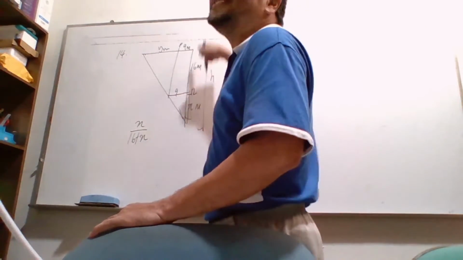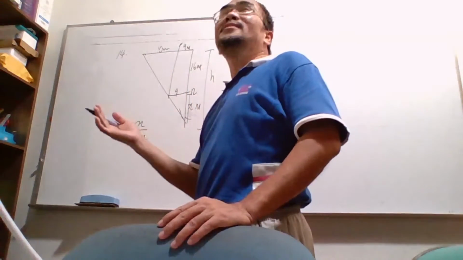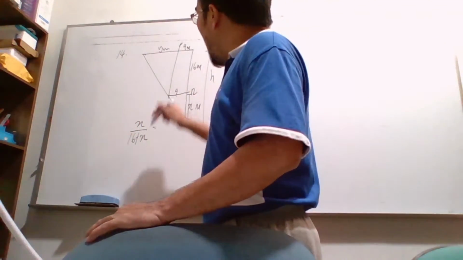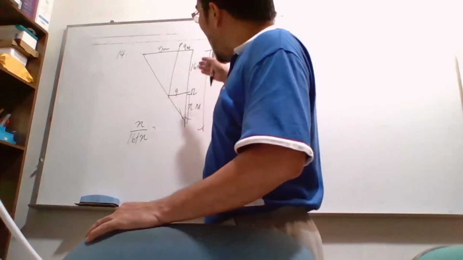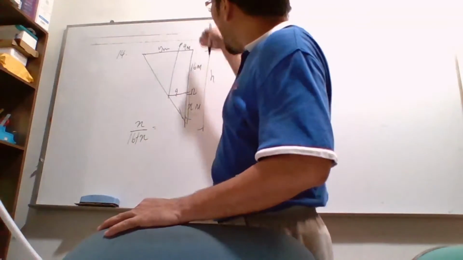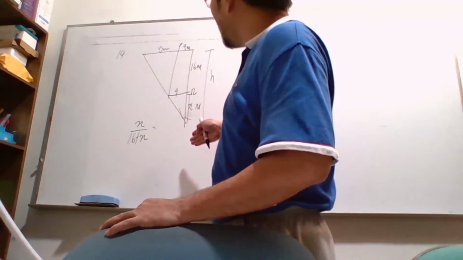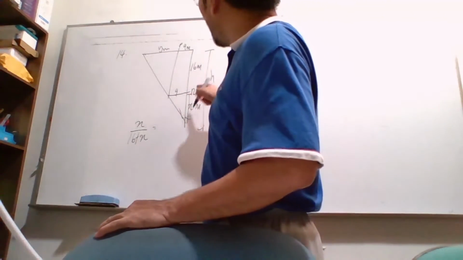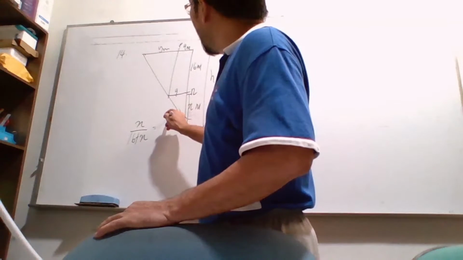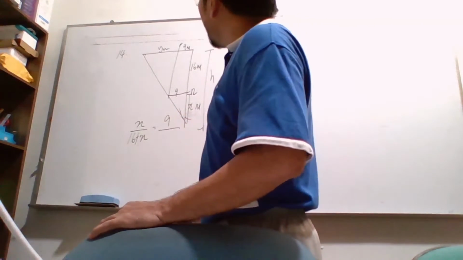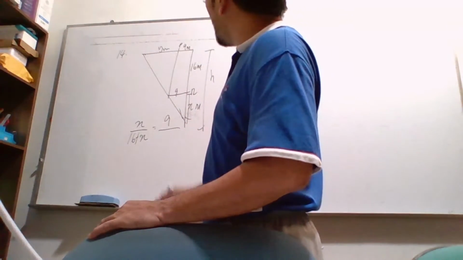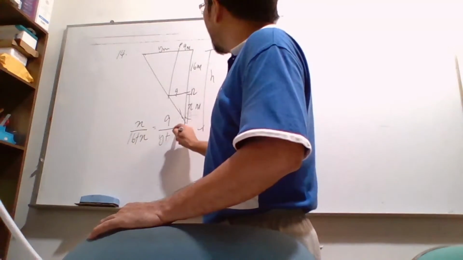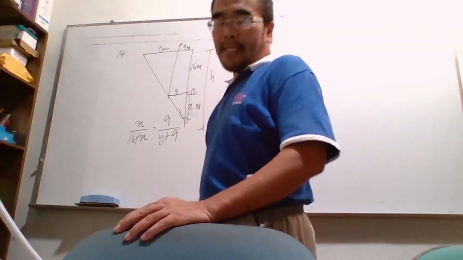If we can call this height, you can say this is base, no problem, whichever. Height of the small triangle over height of the bigger triangle is equal to base of the small triangle, which is 9, and then the base of the bigger triangle will be y plus 9.